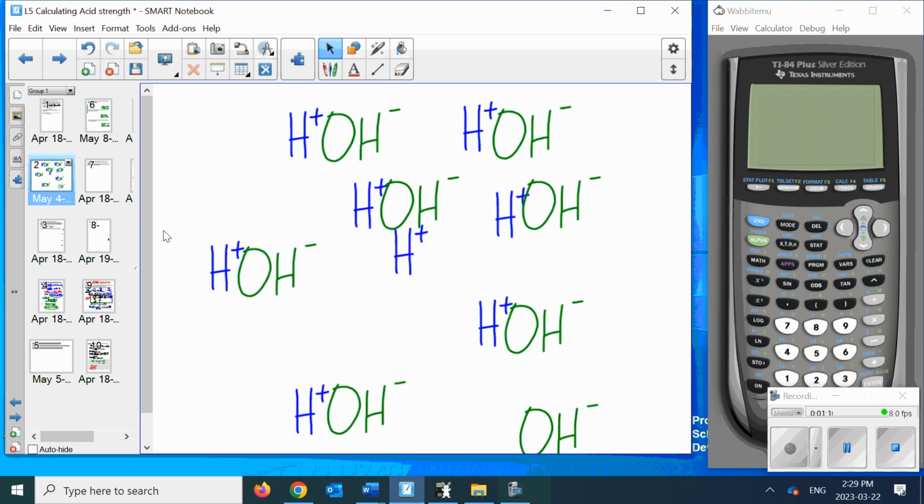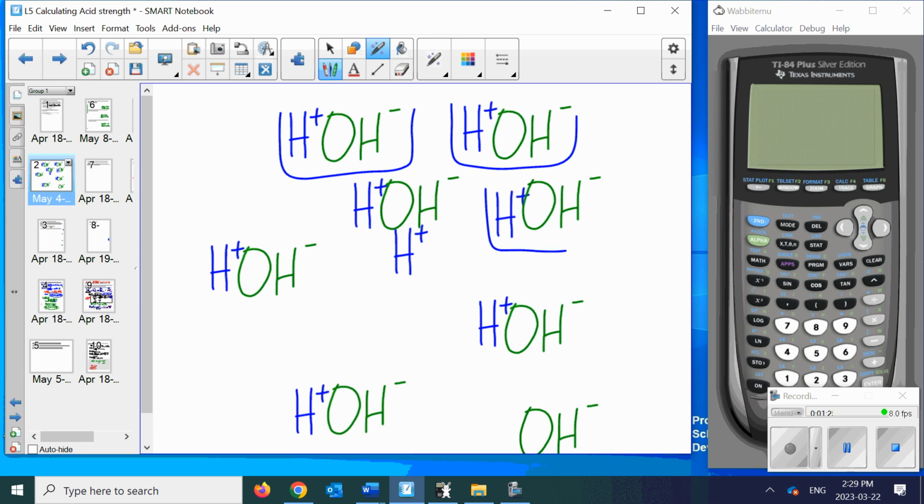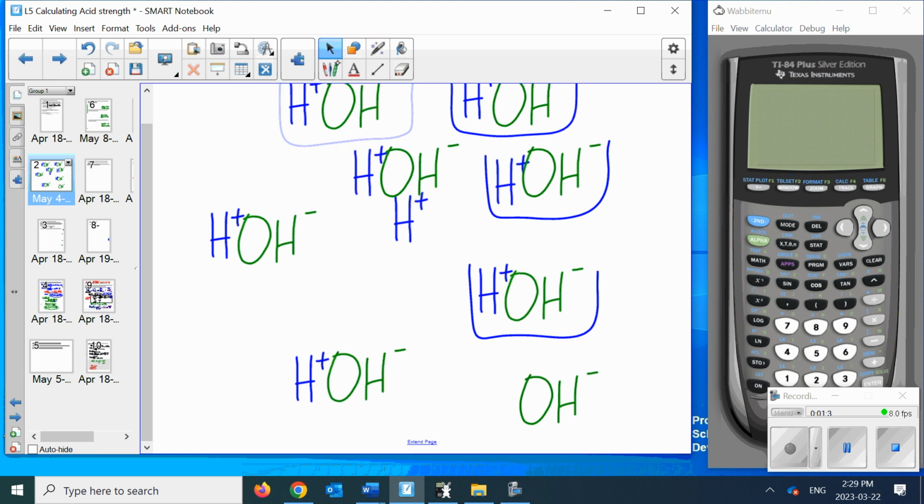But just to take a look at what we're talking about here, I've got this diagram, and I'll show you. So you've got all these water molecules, and I'm representing them as HOH. But a few break apart.